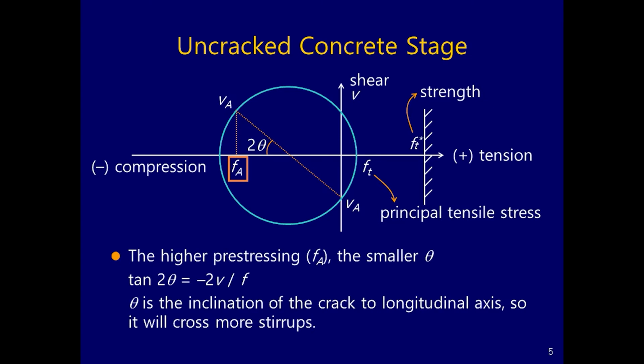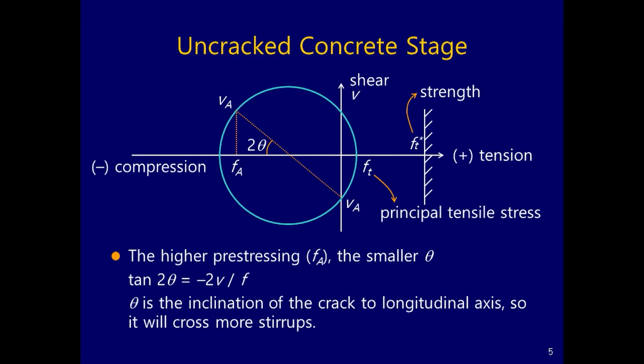It depends on the sign convention definition. I'm talking about the value of Ft right there, and it's far from the Ft star. So to make sure this touches that criteria, you've got to have a much larger V so that shear capacity is increased.